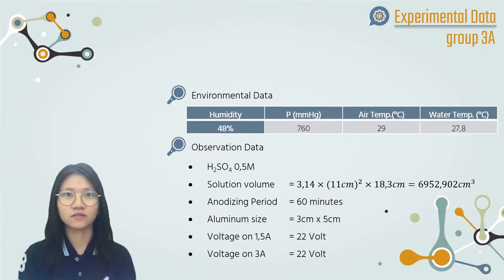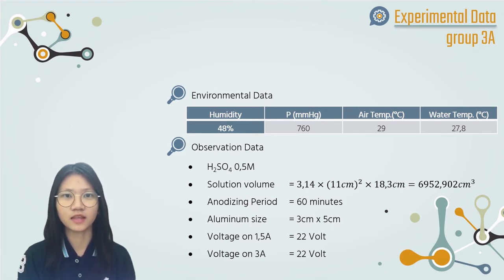The data that we got from the experiment are environmental data and observation data. The environmental data that we got for group 3A are 48% humidity, 760 mm mercury pressure, 29 degrees Celsius air temperature, and 27.8 degrees Celsius water temperature.